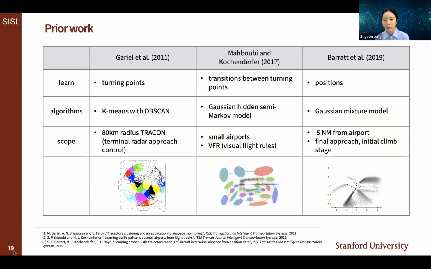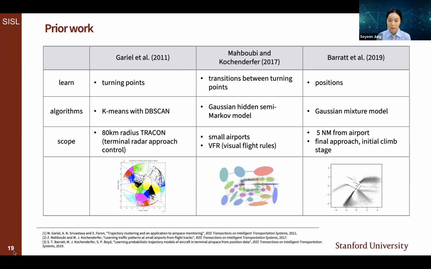Here is some prior work that is closely related to my research. Gariel et al. tried to find the nominal patterns of trajectories in a broader control area by computing the turning rates and then clustering the turning points.